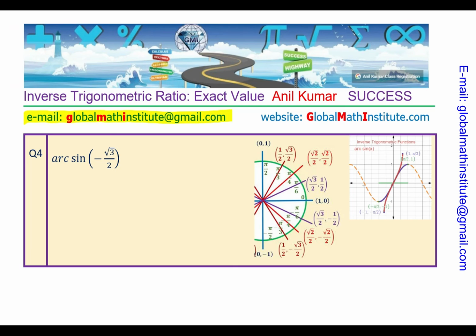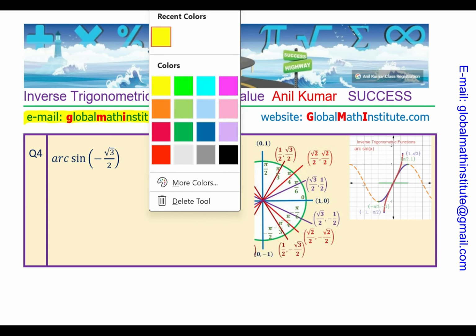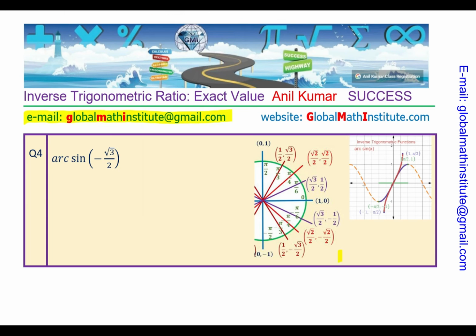Okay, great. Now let's look into the questions where we're looking into arc sine of minus square root 3 by 2. Negative value, right? So let's look into this particular unit circle, only the right half of the unit circle, correct? Negative square root 3 by 2 should be the y value. You see that?